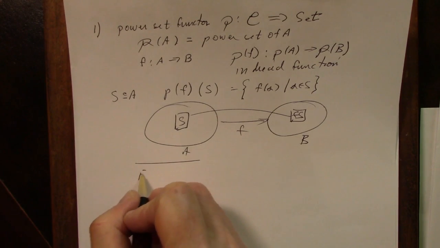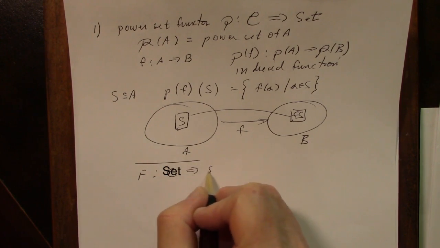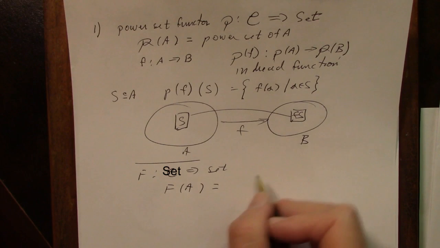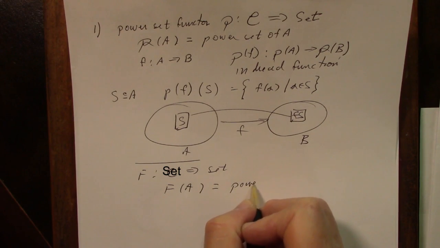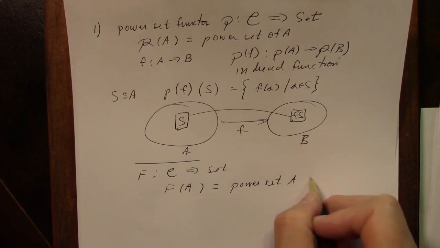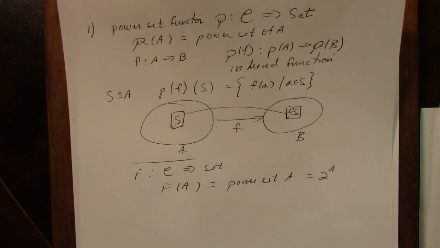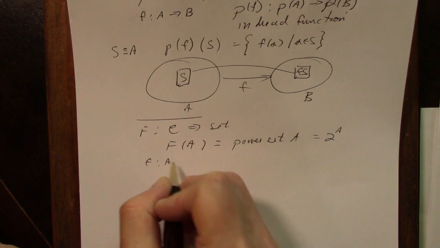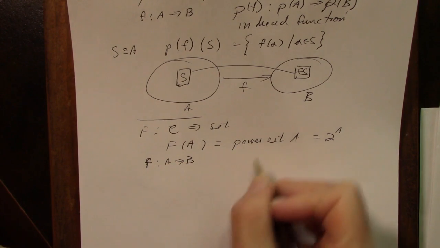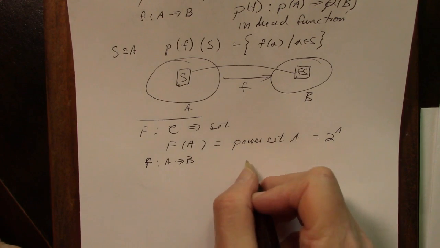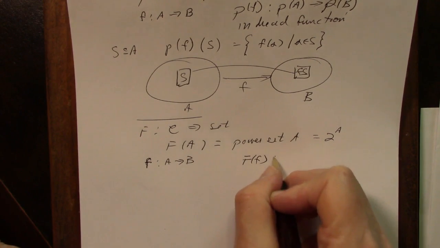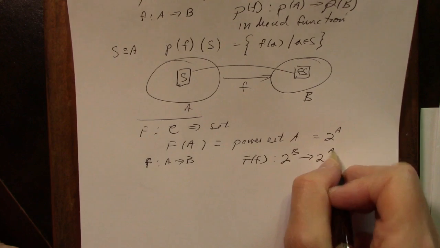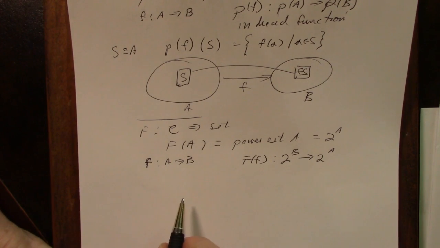I'll just call it F. Again, it takes a set A to the power set, so that's sometimes denoted by 2 to the A. If f maps A to B is a set function, then Ff maps 2 to the B, the power set of B, to the power set of A. And what's an obvious map that does that?